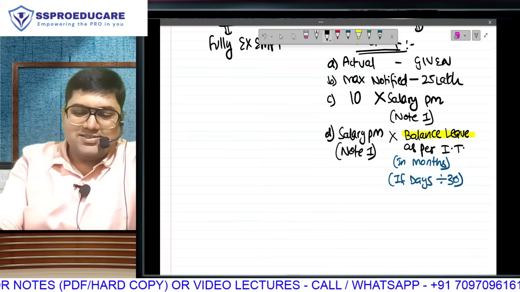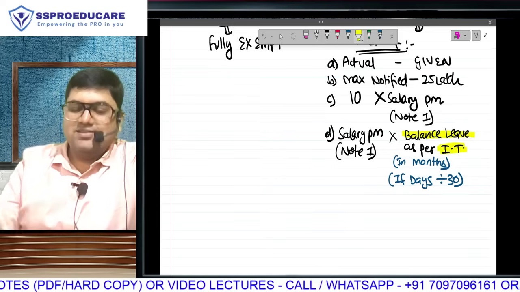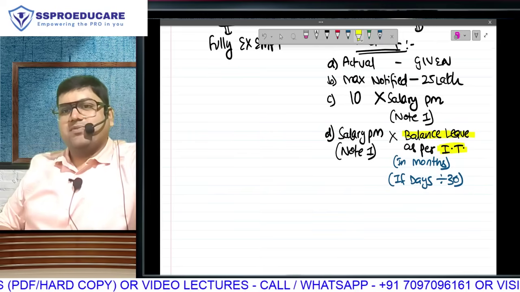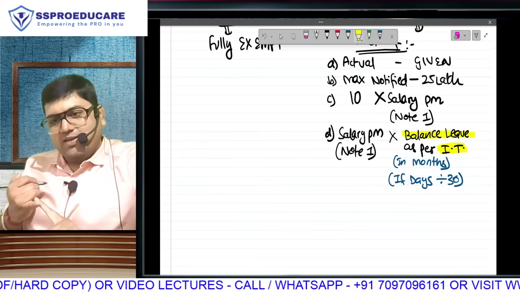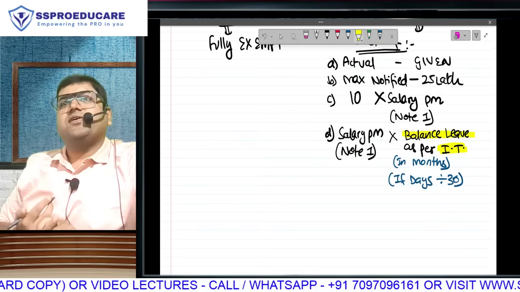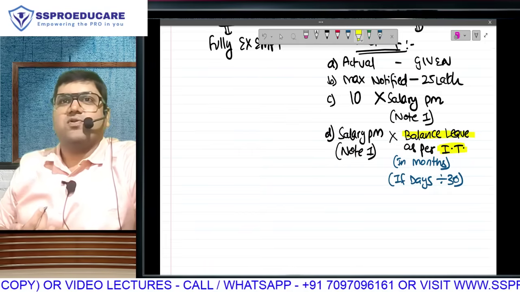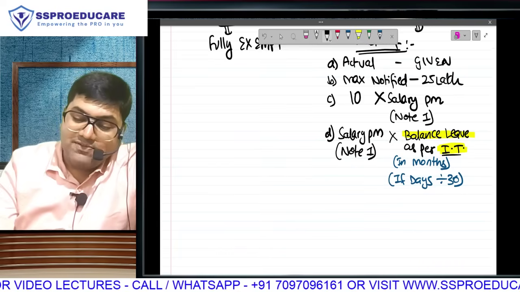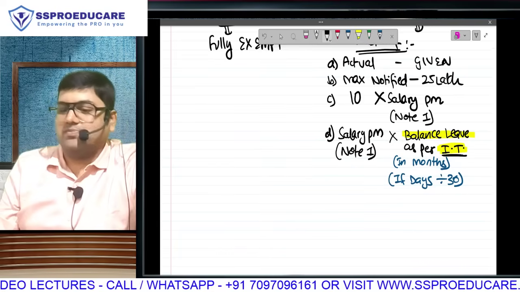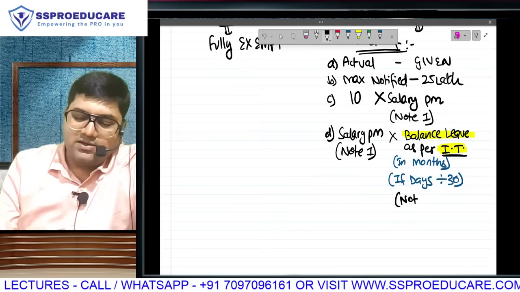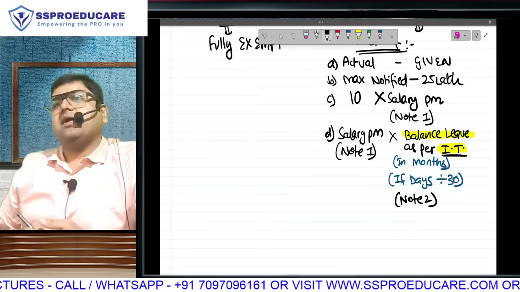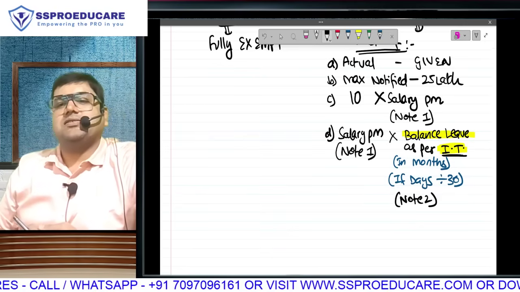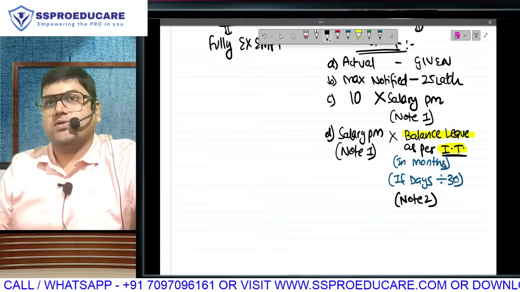But there is another catch. This has to be done as per income tax. I believe you have understood the meaning of balance leave, and you have also understood that if it is in days, we have to convert into months, so divide by 30. But what exactly is balance leave as per income tax still requires some clarity, which we will have to write in note 2. So you understand leave encashment ka section is now requiring us to write 2 notes.